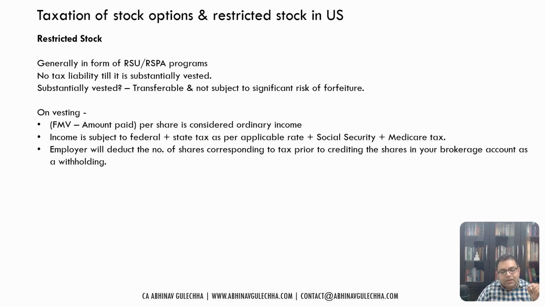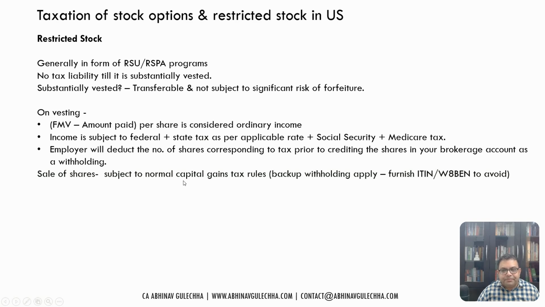So if there were 10 shares that the employer has to give you, and on FMV minus amount paid, whatever is the tax liability, is 2 shares, the employer will credit only 8 shares in your brokerage account. As a withholding, 2 shares will be withheld, and the rest will be credited in your brokerage account, which you can then sell.